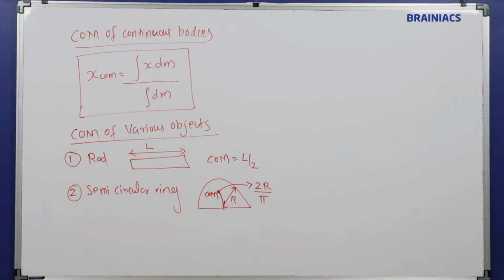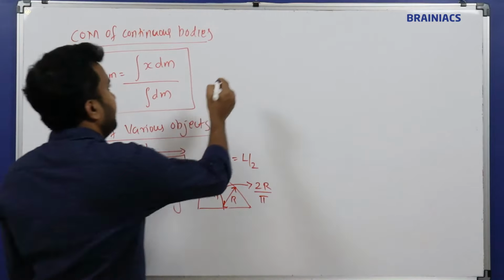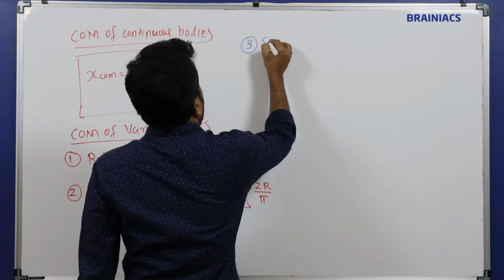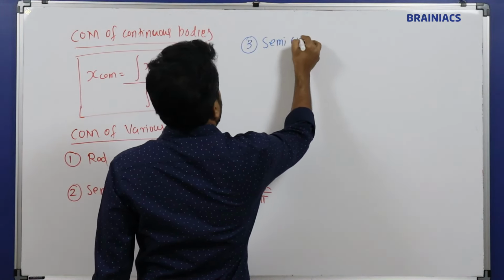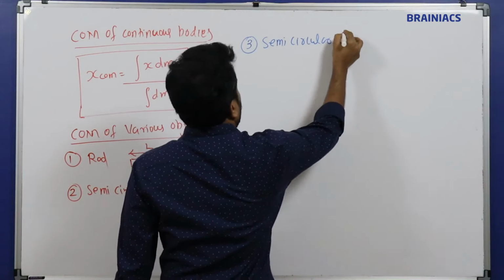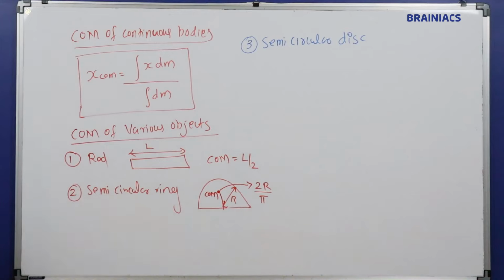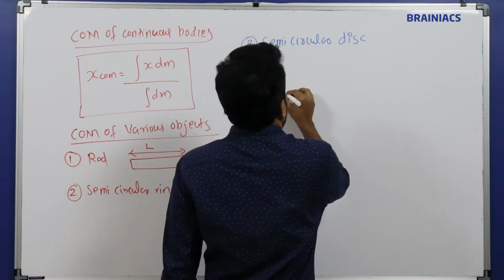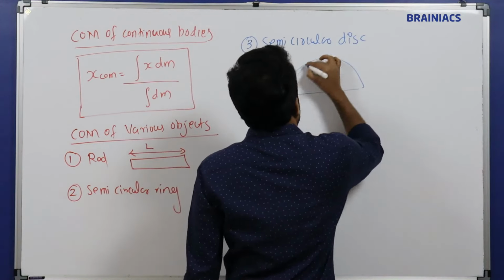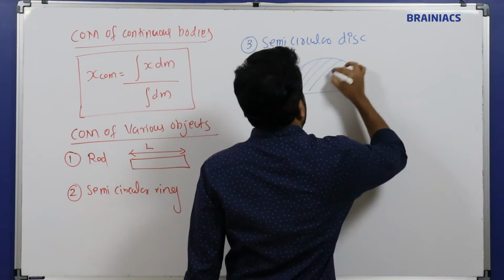Next one is the semicircular disc. The third one is the semicircular disc. You know the difference between a disc and a ring, right? A disc is a kind of two-dimensional structure. It is filled.